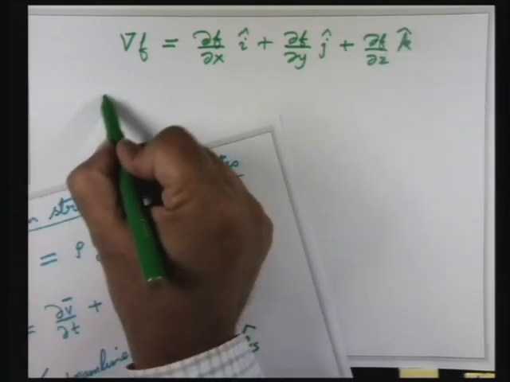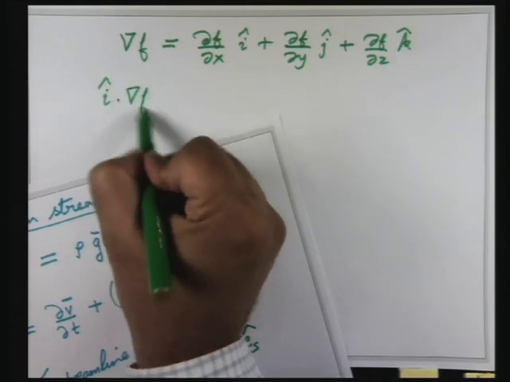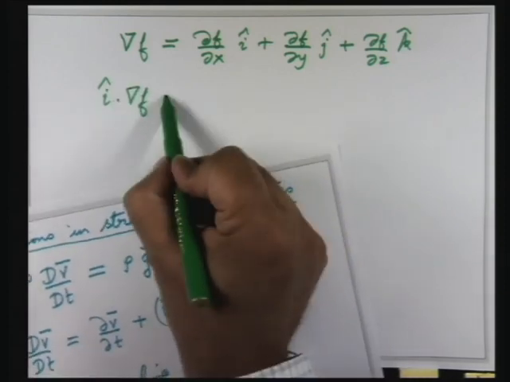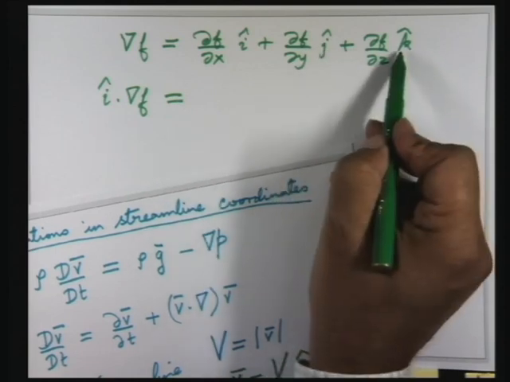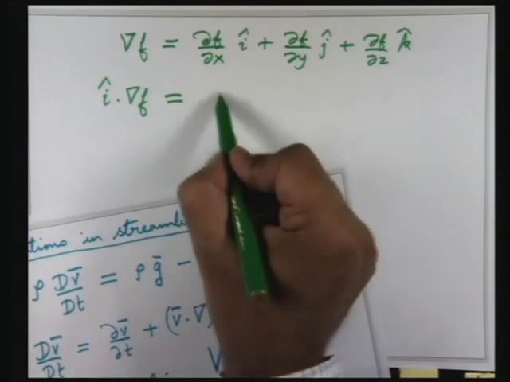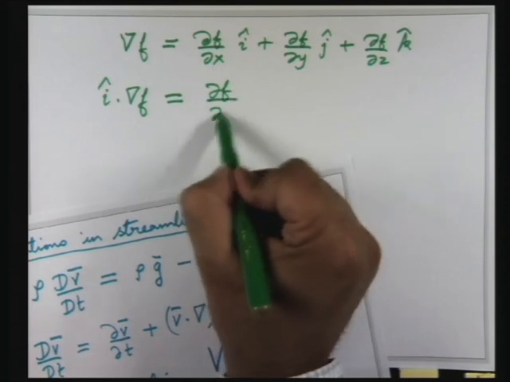Now, if I take i dot grad f, what will you get? i dot j is 0, so this term goes to 0, i dot k is 0, so this term goes to 0, and i dot i is 1, so you get del f/del x.